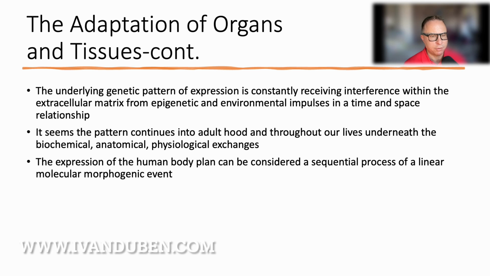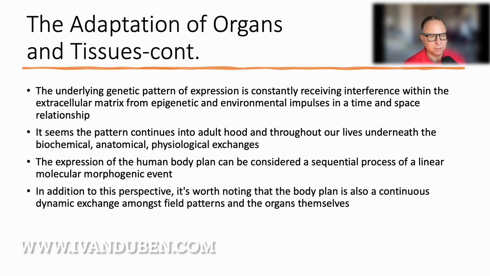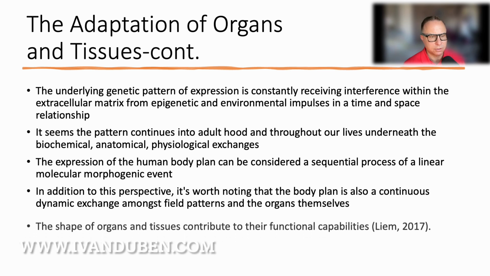The expression of the human body plan can be considered a sequential process of a linear molecular morphogenic event. In addition to this perspective, it's worth noting that the body plan is also a continuous dynamic exchange amongst field patterns and the organs themselves.